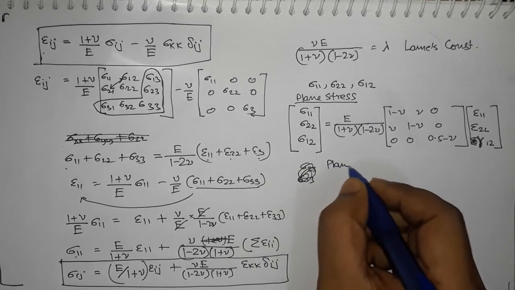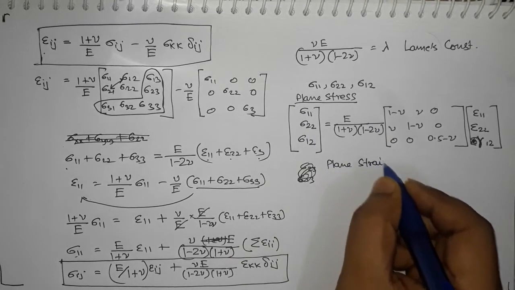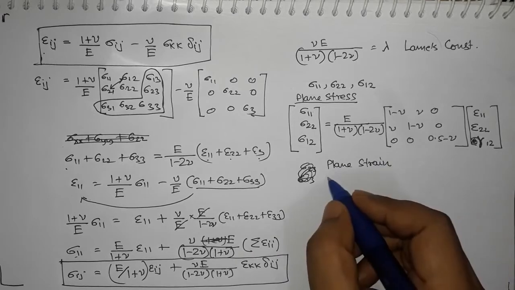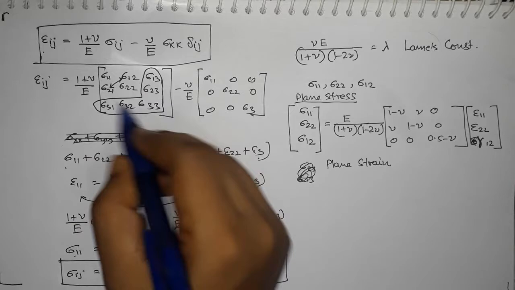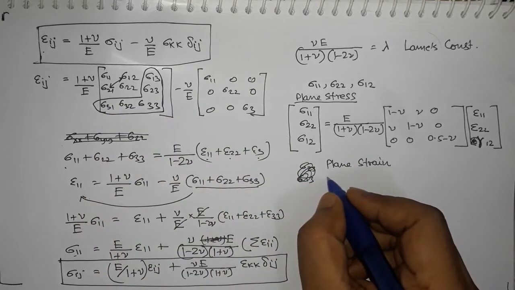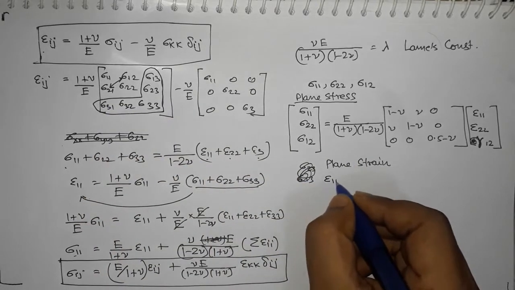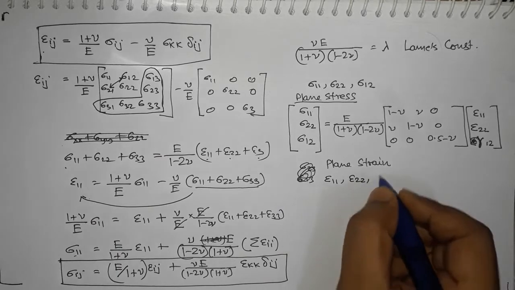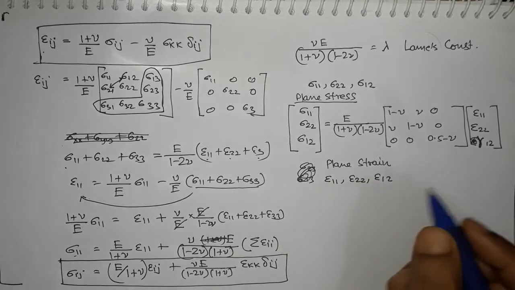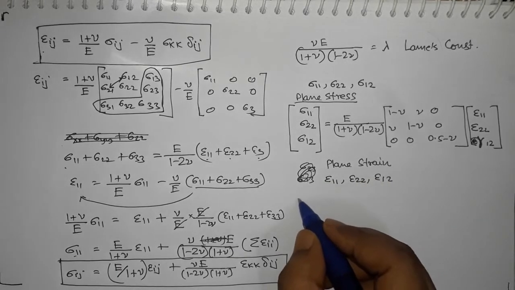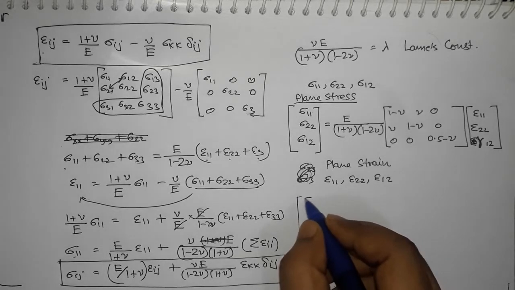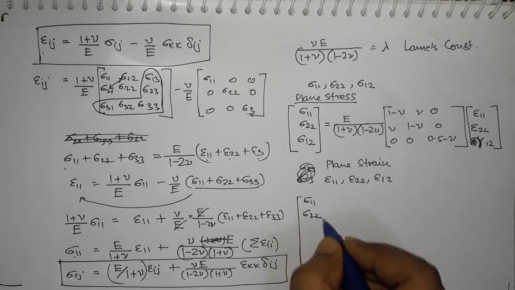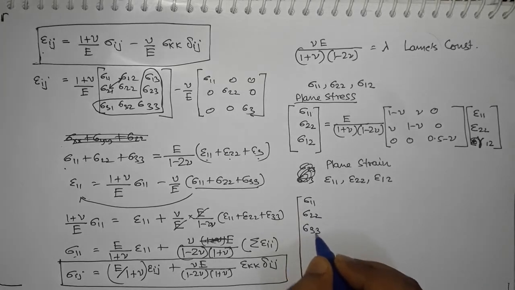For plane strain, we will have the strain matrix with some components 0. Okay, so we will have only 3 values of strain: epsilon 1 1, epsilon 2 2, and epsilon 1 2. In that case we will have stresses which will look longer. So we will have sigma 1 1, sigma 2 2, and sigma 3 3.